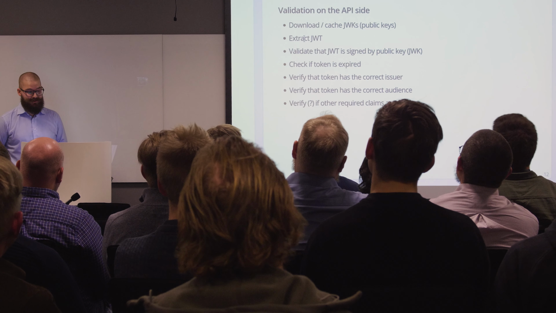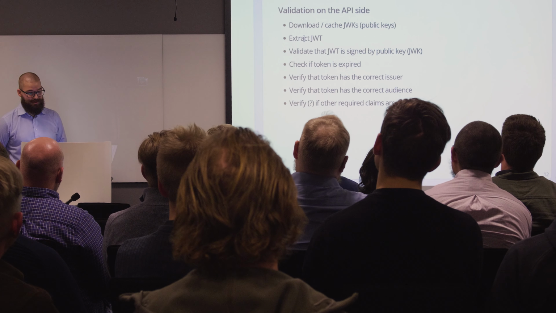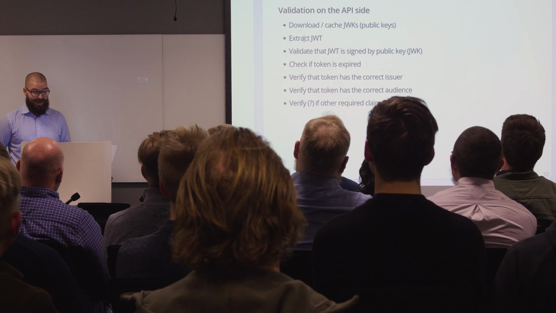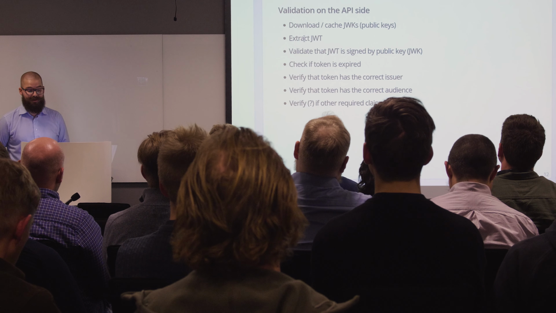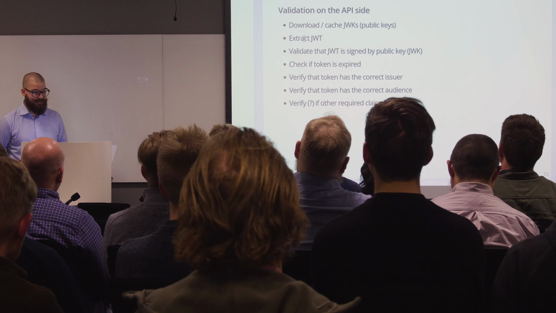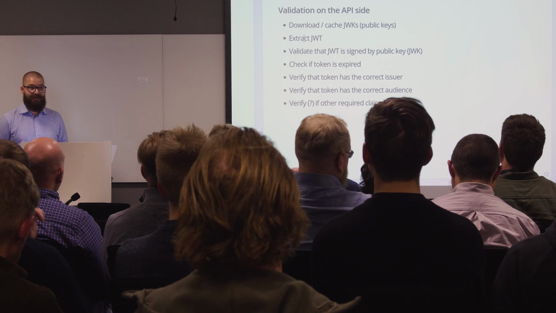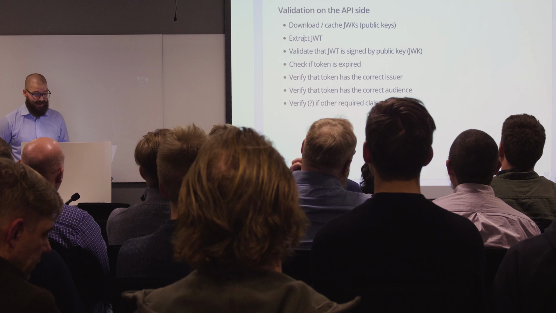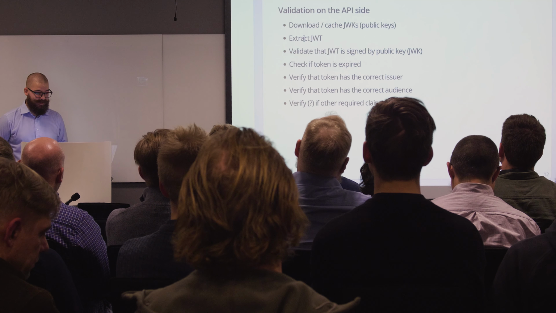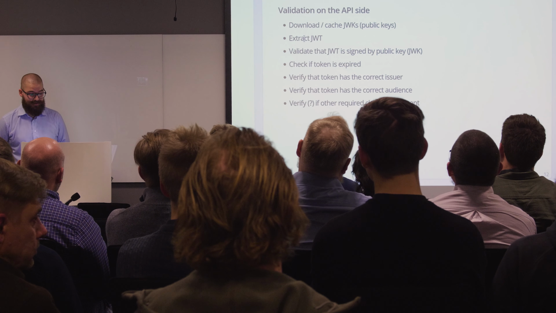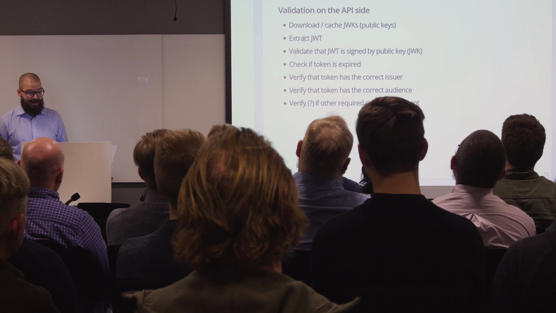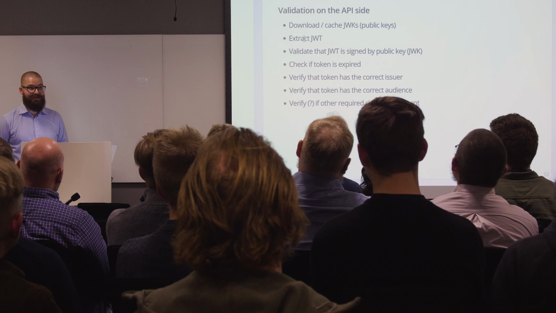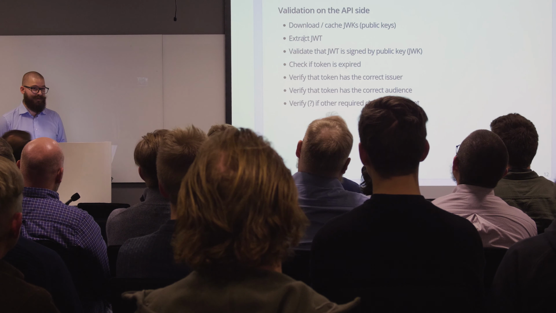When you receive a token, you have to extract the JWT and validate it using the public keys you've downloaded. You have to check the token expiry, verify that the token has the correct issuer and the correct audience, and perhaps even validate that other claims in the token are valid.